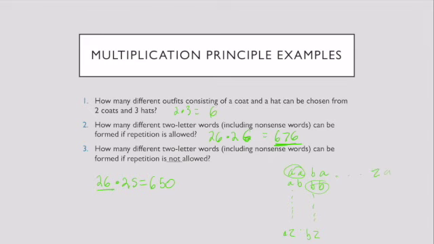It's going to happen every single time, all the way to ZZ. So because it happens once for every letter, it's going to happen 26 times. Well, 676 minus 26 is 650. So either way, we would have ended up with the correct answer.